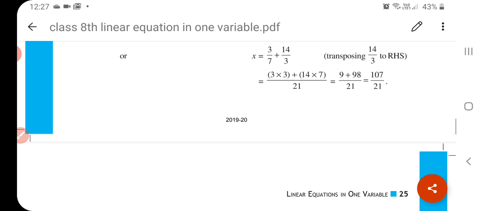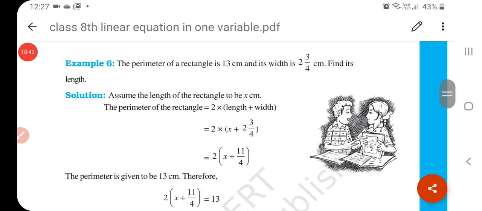Okay, understand. See here students, the perimeter of a rectangle is 13 centimeters and its width is 2 3 by 4 centimeters. Find its length. If this type of question is there, you learned in previous classes what the perimeter of a rectangle is. Okay, so the perimeter of a rectangle is 2 into length plus breadth.